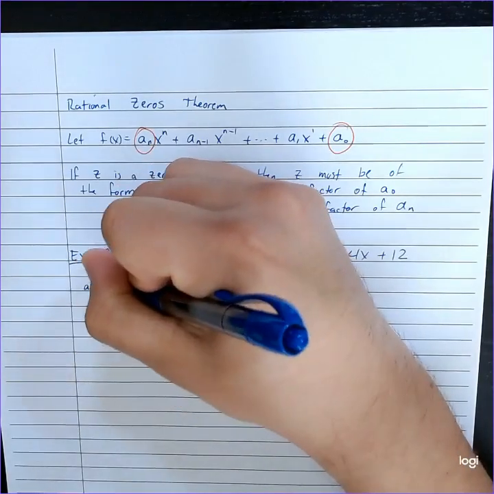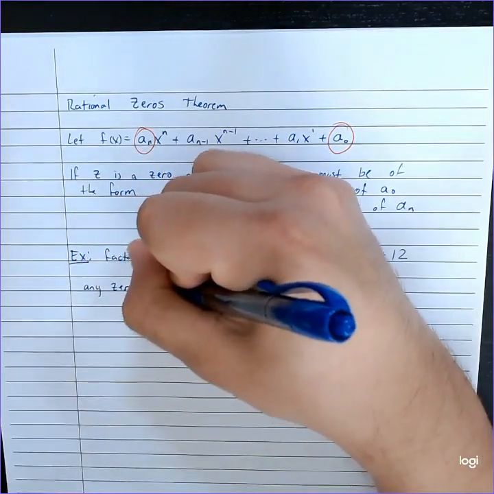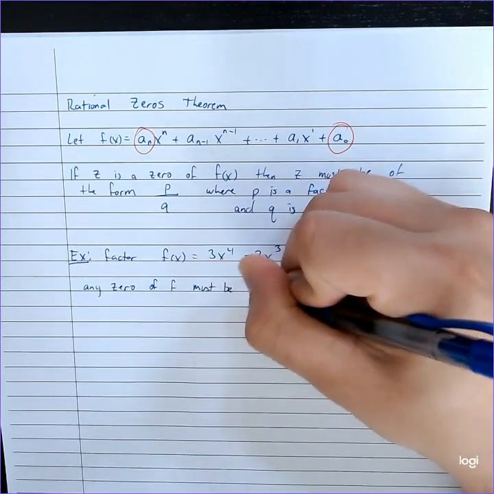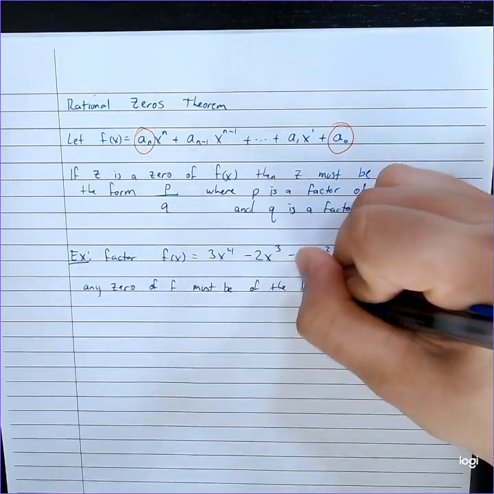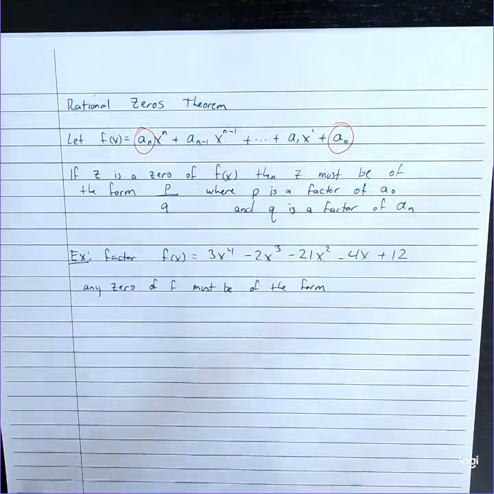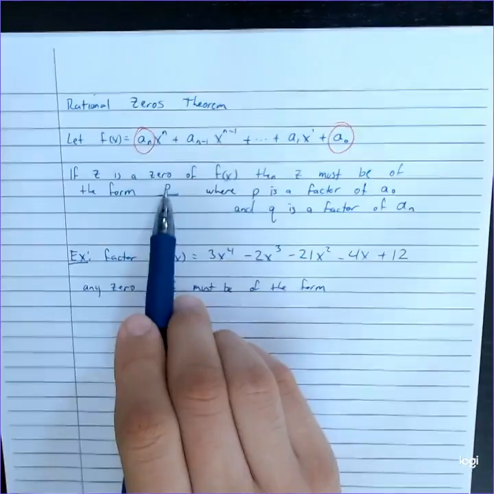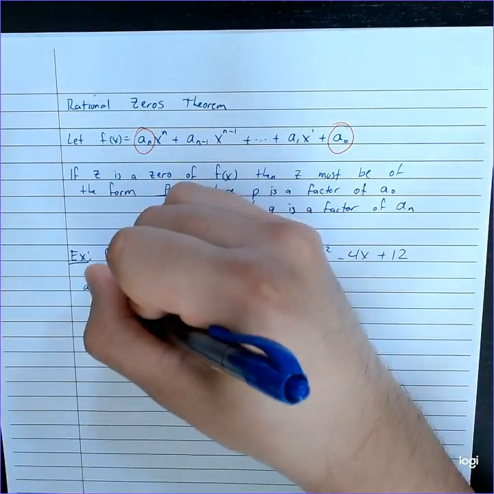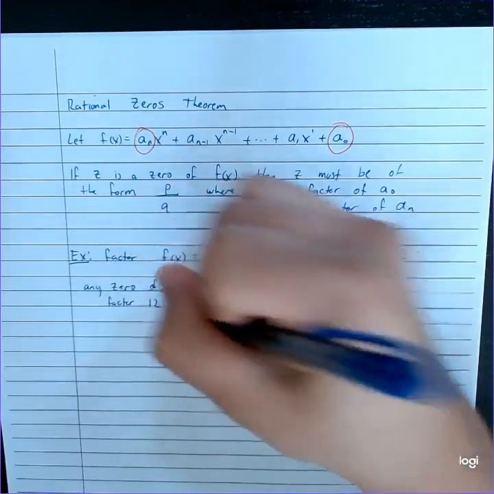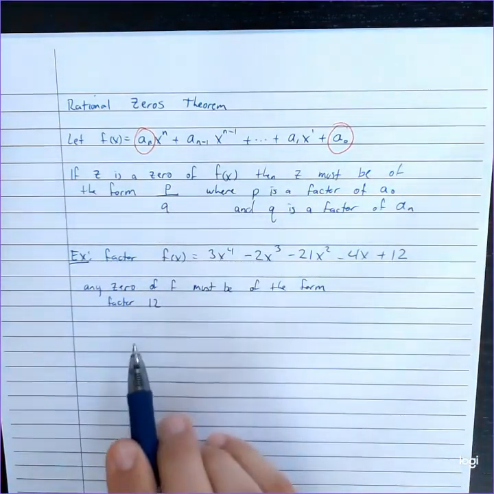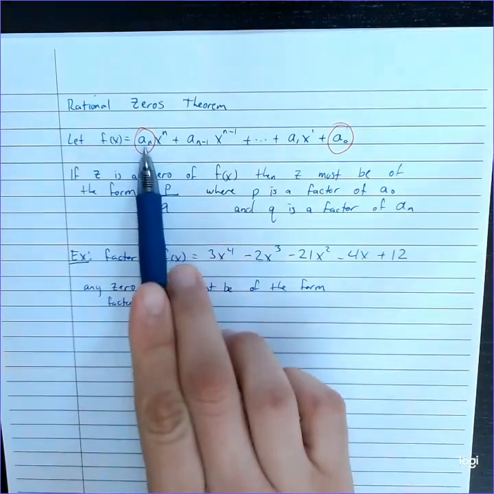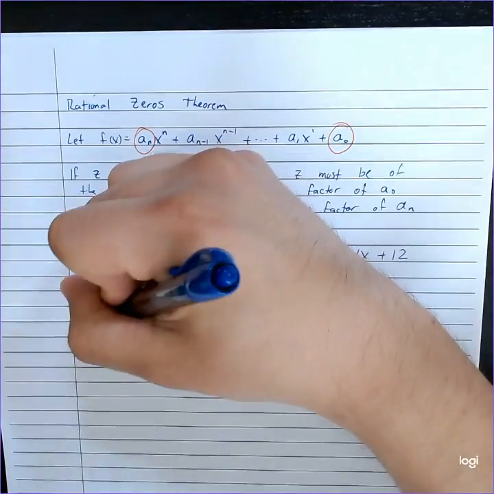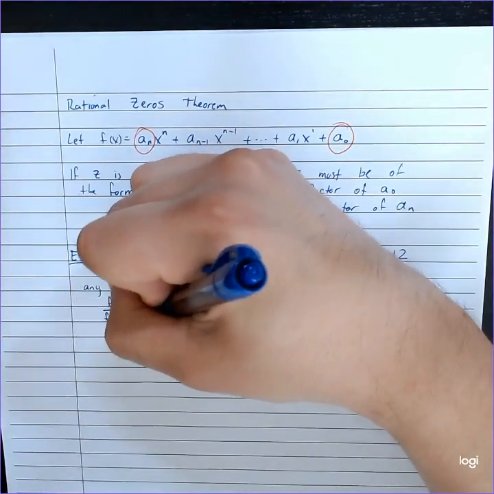Any zero of f must be of the form p over q, where p is a factor of your constant, so a factor of the number 12, and the denominator must be a factor of our lead coefficient, in this case the number 3. So it would be over a factor of 3.